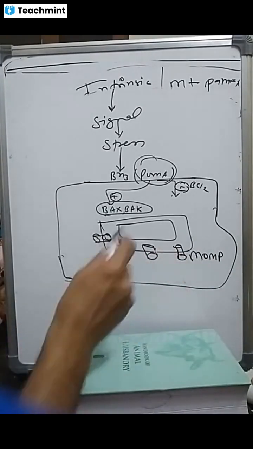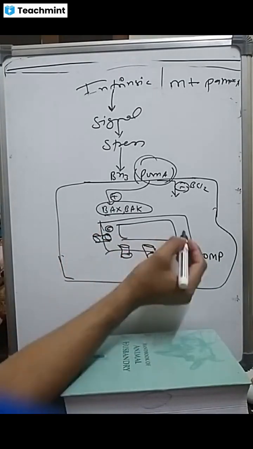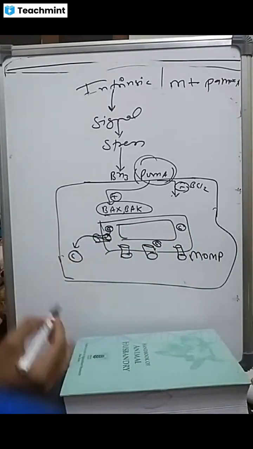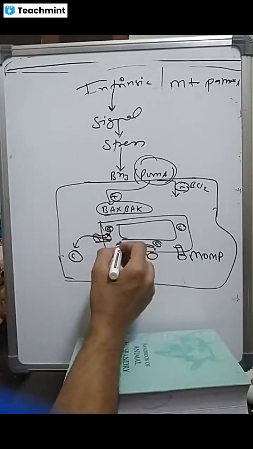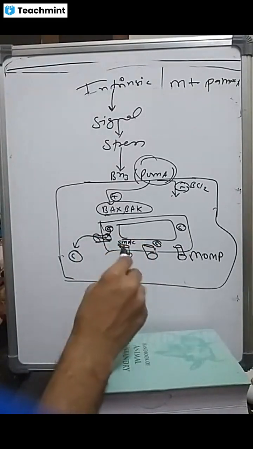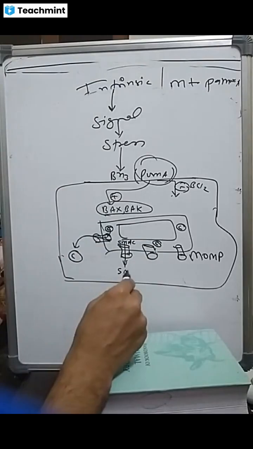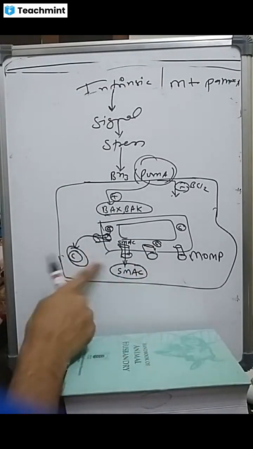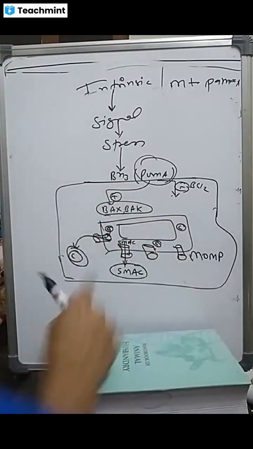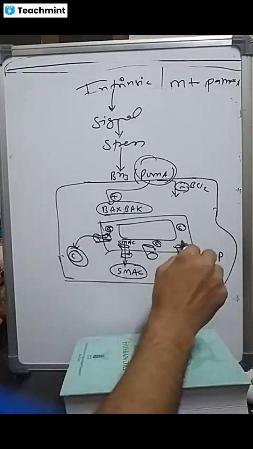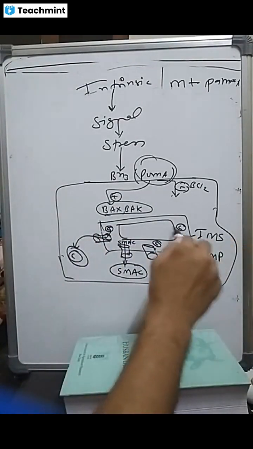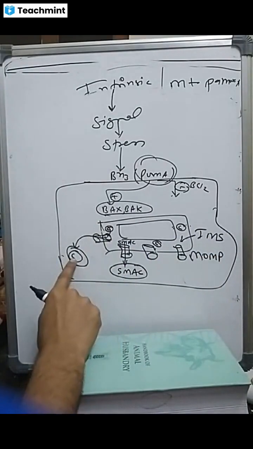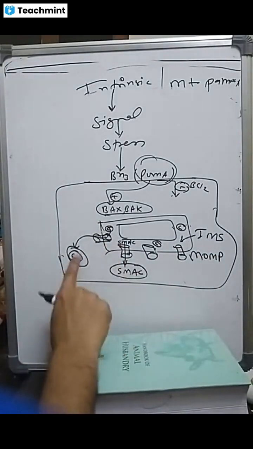From these pores, cytochrome C, which is present in between the two membranes, will come out. One more molecule, SMAC, will also come out into the cytosol, from the intermembranous space, in between the inner and outer membranes.